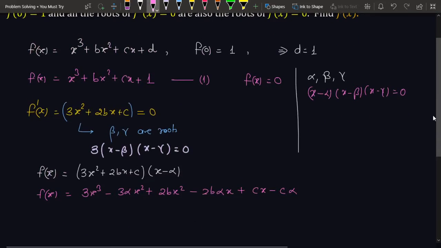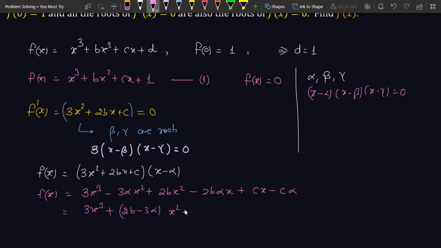Now let us collect the terms. This will be 3x cubed, the coefficient of x squared will be 2b minus 3 alpha, the coefficient of x will be c minus 2b alpha, and the constant term is minus c alpha.